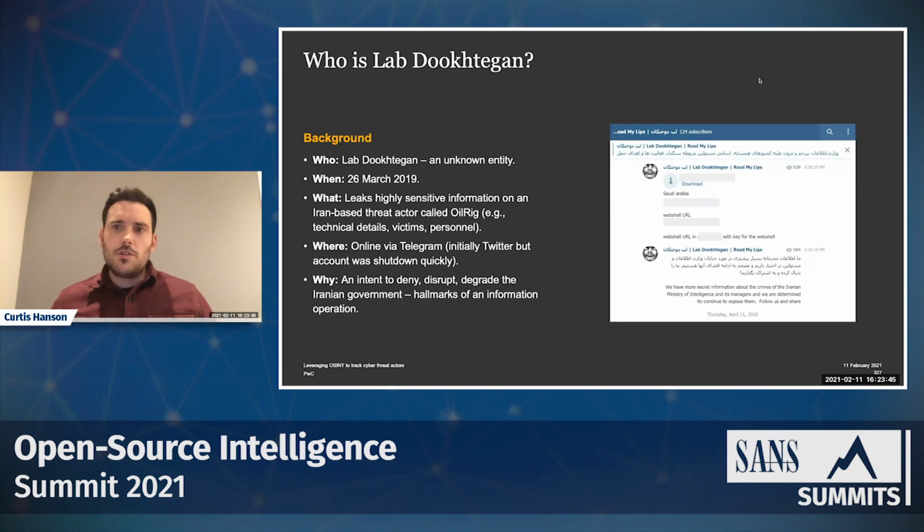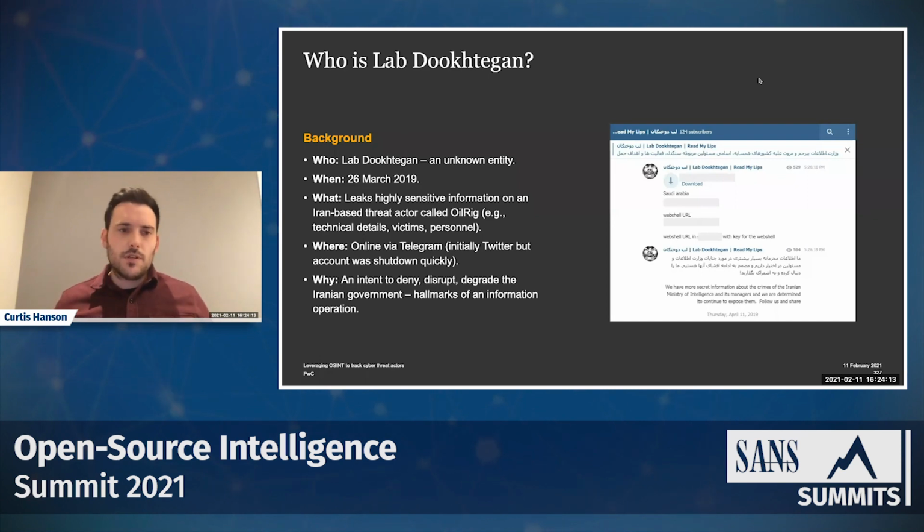on 26 March 2019, an entity by the name Lab Dookhtegan appeared out of nowhere. This entity was unknown, very mysterious at the time, but made huge headlines in the cybersecurity world. They made these headlines because they were leaking a bunch of highly sensitive information, dropping bombshell allegations, all pertaining to the Iran-based threat actor called OilRig.